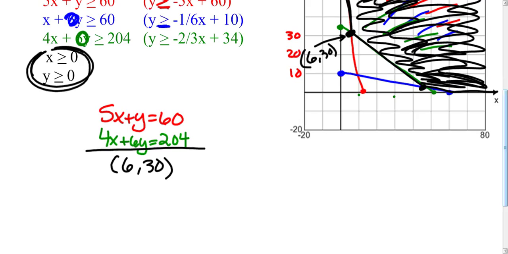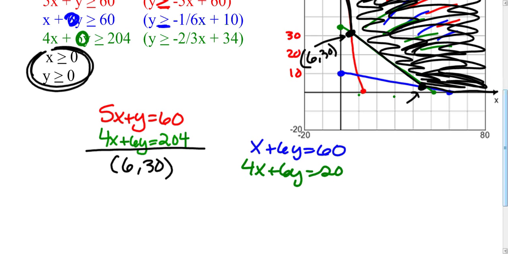This coordinate, okay, is where the blue and the green line intersect. So the blue is x plus 6y equals 60. And the green again is 4x plus 6y equals 204.